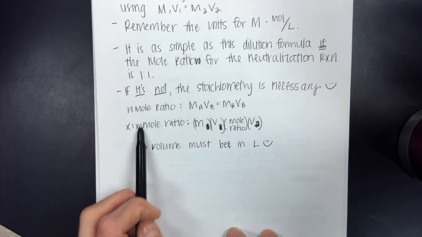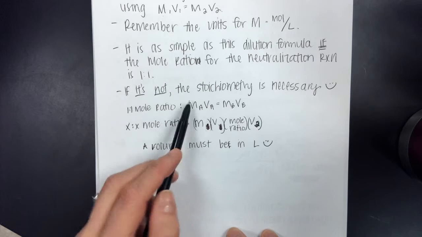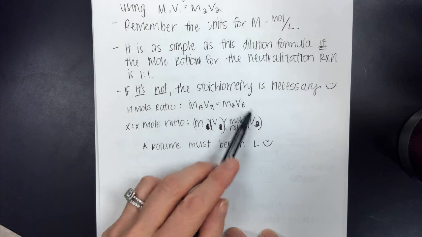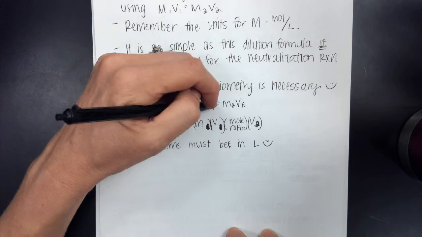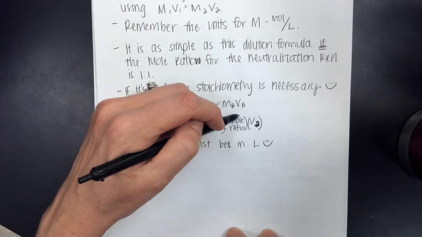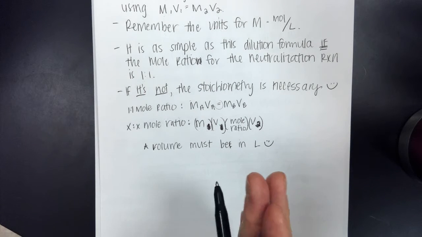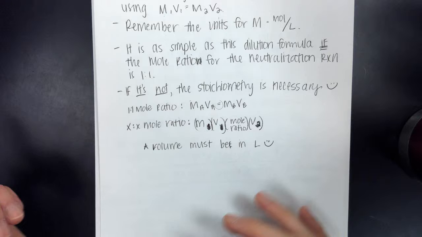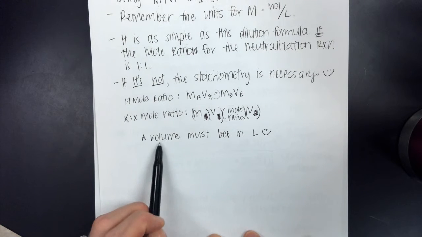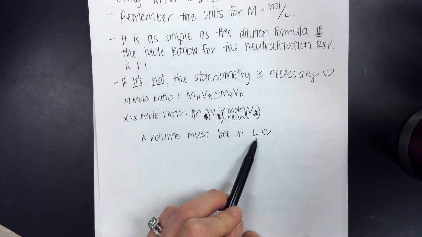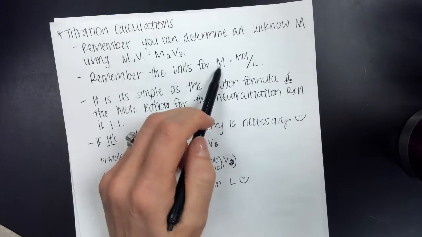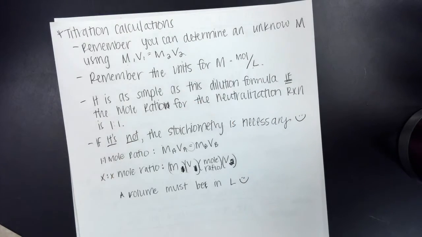So if you are not using a 1 to 1 mole ratio, you still can think of your titration using this formula, but instead of the equal sign, you're just going to plug in a mole ratio. That's how you get your calculations to be equal, okay? And just a quick reminder, your volumes must be in liters, because your units for molarity are moles per liter.